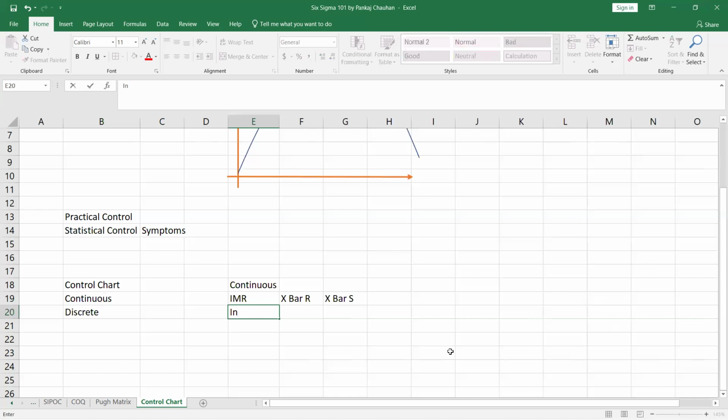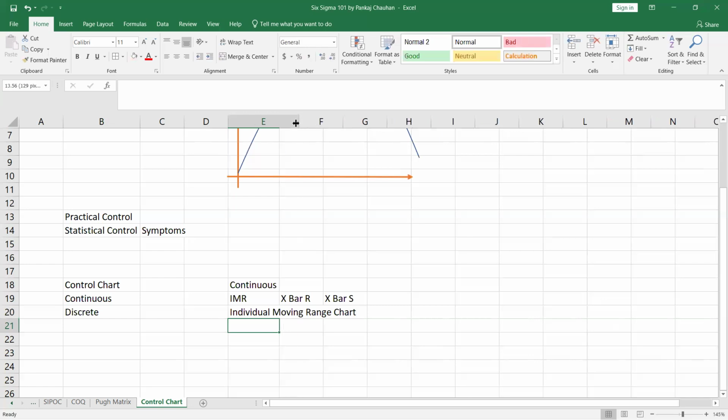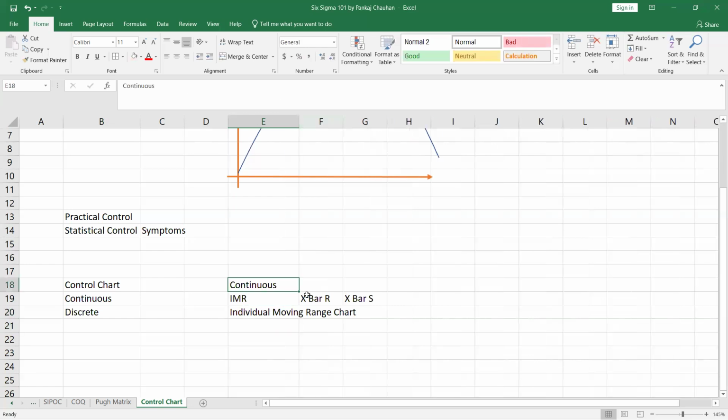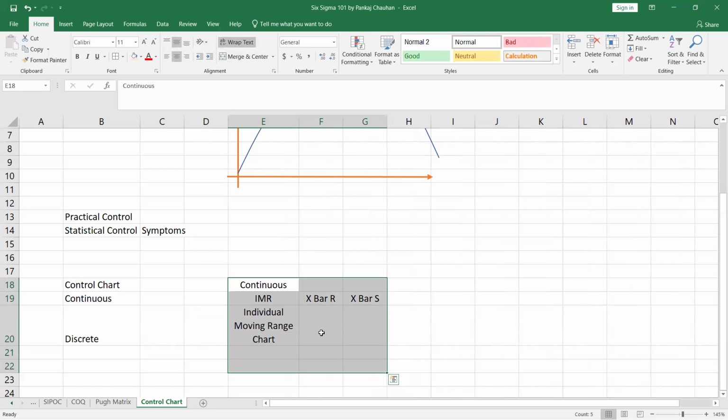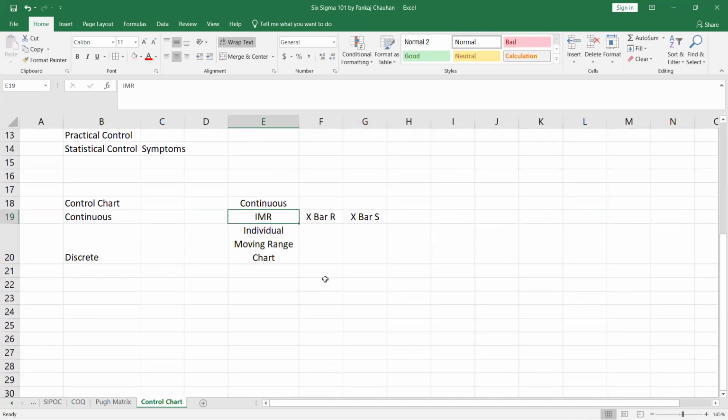IMR stands for individual moving range chart, which means you are plotting individual data as independent data on a control chart. In case you are not plotting independent data, you are plotting a subgroup of the data. So if I say subgroup size, in an IMR chart, as the name says, it is one independent data point.